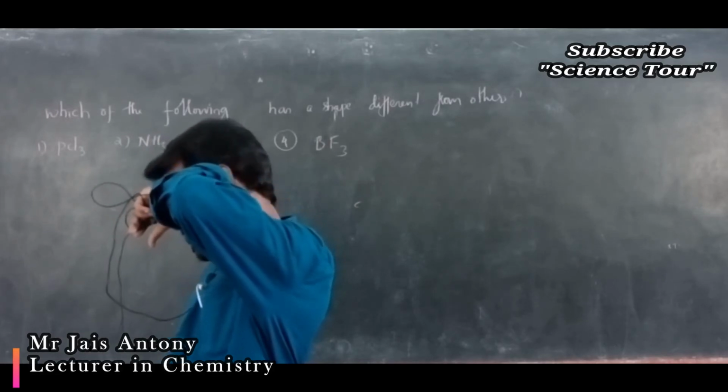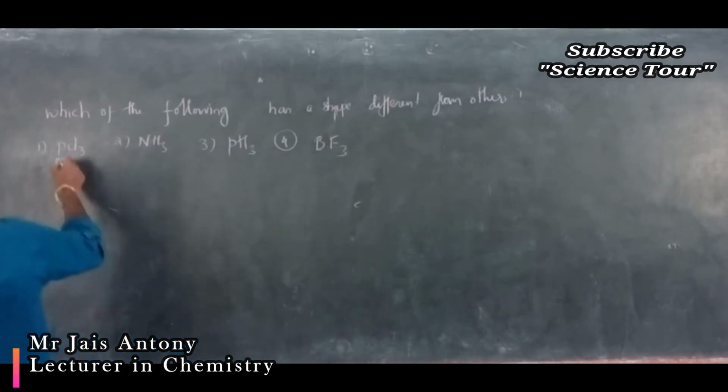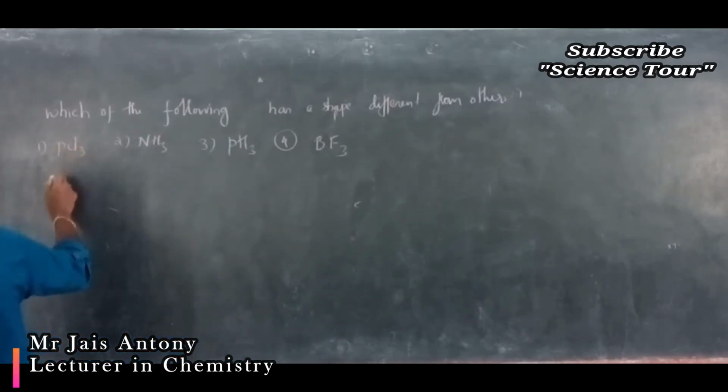Here phosphorus is the central metal. How many electrons does it have? 5 valence electrons. 3 electrons are used for bonding, so bond pairs are 3, and 5 minus 3, lone pair is 1.